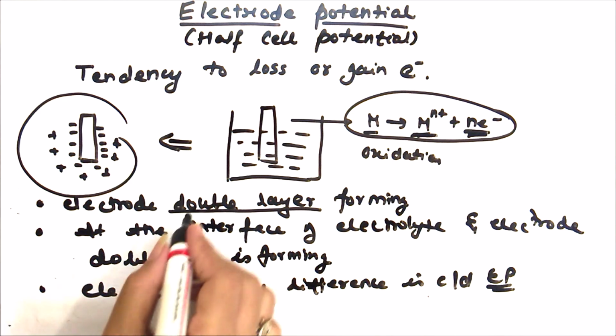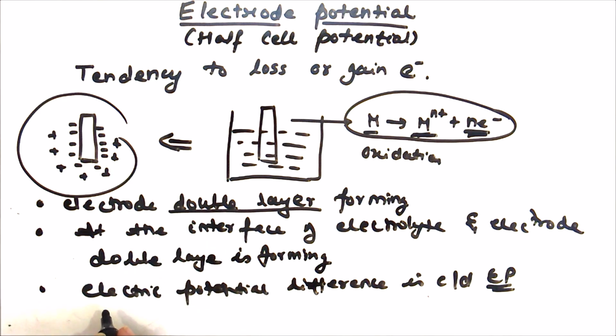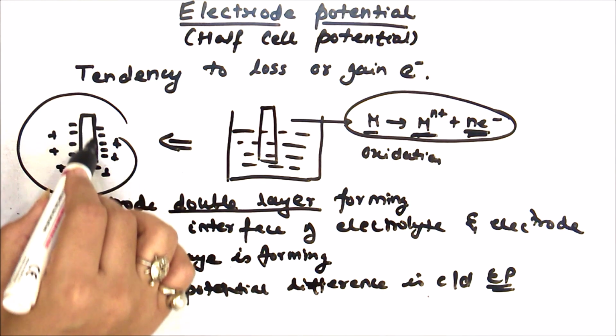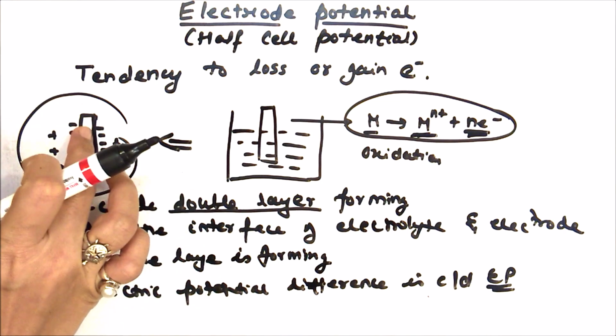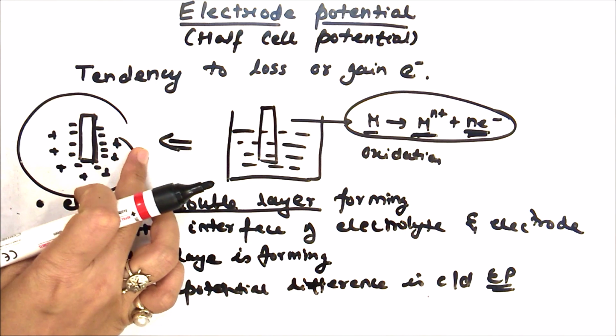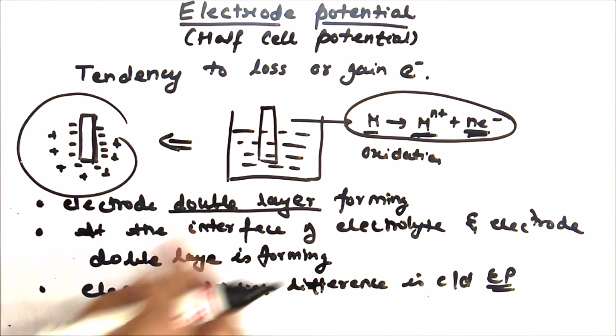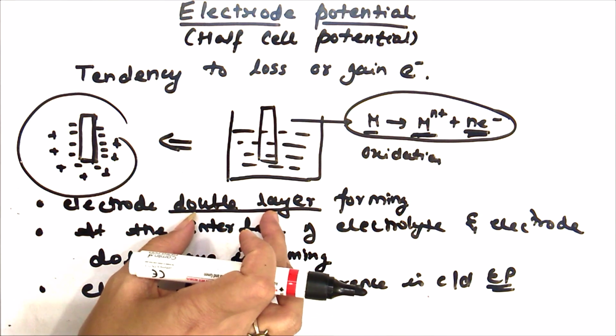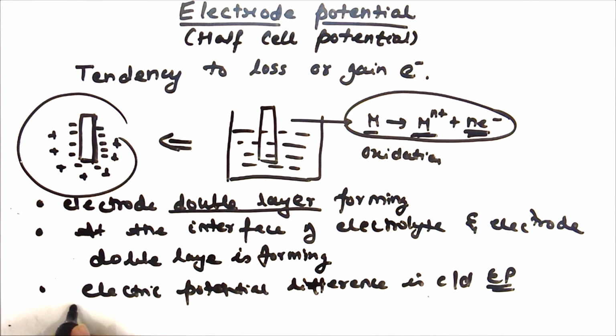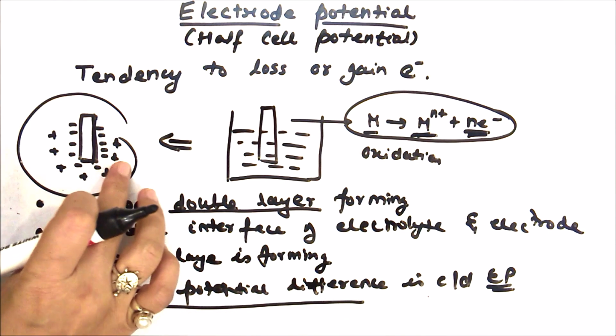Right? So this double layer is forming at the interface of electrode and electrolyte. Here the electrolyte is there and this is the electrode. So at the interface of electrolyte and electrode, this electrical double layer will be formed, right? Now because of the electrical double layer, there will be an electrical potential difference. You know that it just works as a capacitor.